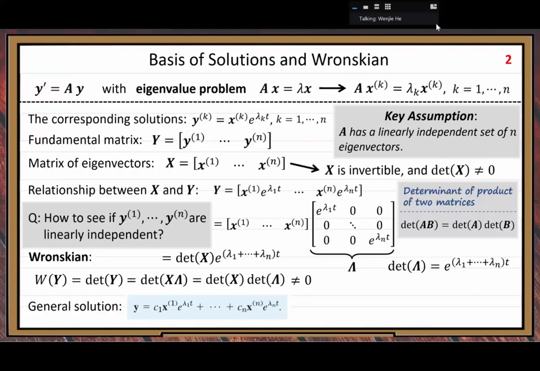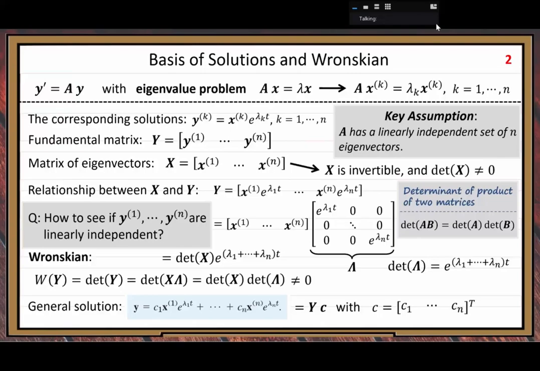But we may like to use the matrix multiplication form: capital Y times the constant vector C1, C2, put in a column vector. So it is still capital Y times the C vector, the general solution.